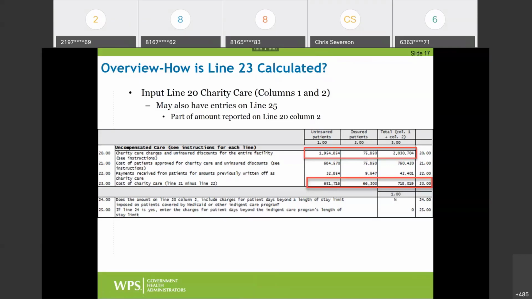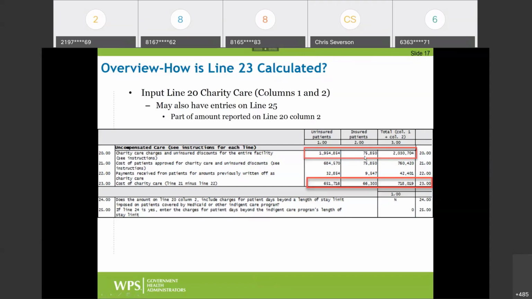Specifically, it's a Medicaid patient that has exceeded the length of stay limit, and therefore you could argue they're not, for that portion of the claim, really eligible for Medicaid anymore. There's no co-insurance deductible or anything like that. So it's a charge amount for that last part of the claim. That charge amount gets commingled with all the other co-insurance and deductible amounts in column 2.